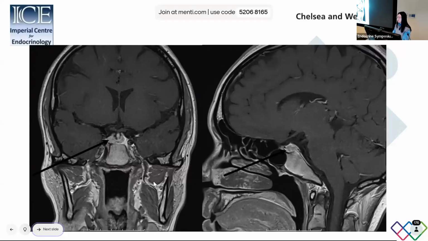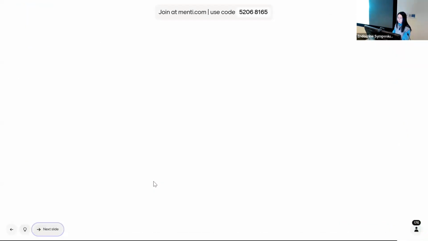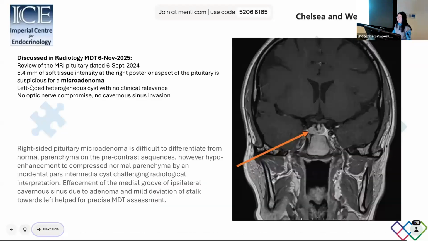We re-looked at it in our radiology MDT, which confirmed there is a suspicion of a microadenoma. It was a very difficult diagnostic comment from our radiologist because of the contrast phases, but they commented that it's suspicious. We'll go back to follow our patient and decide on what treatment is more appropriate.